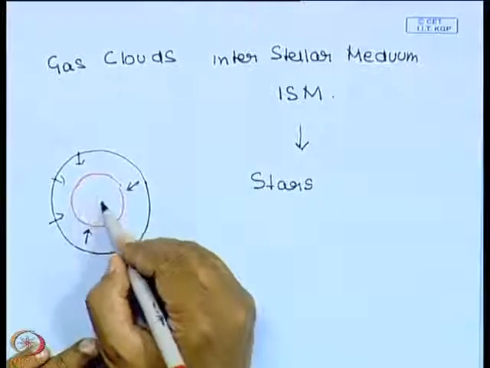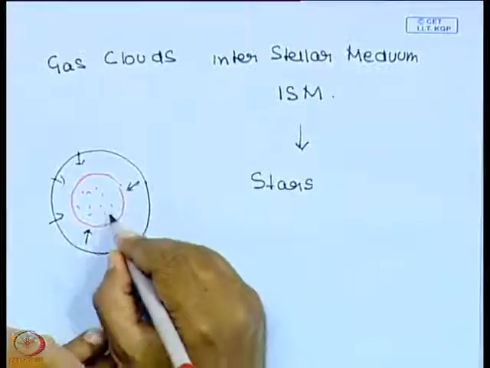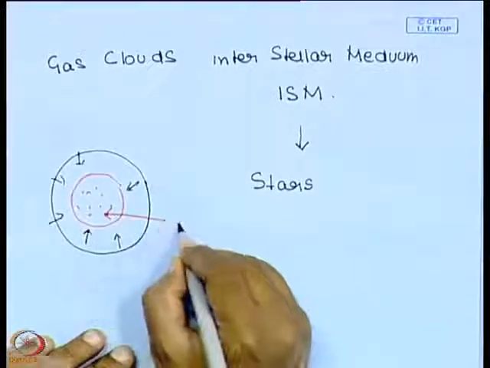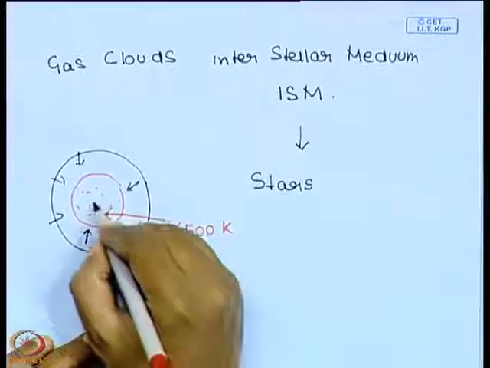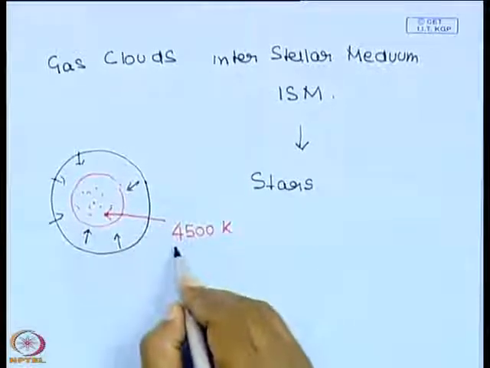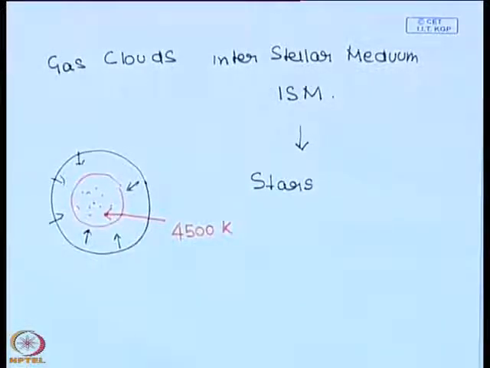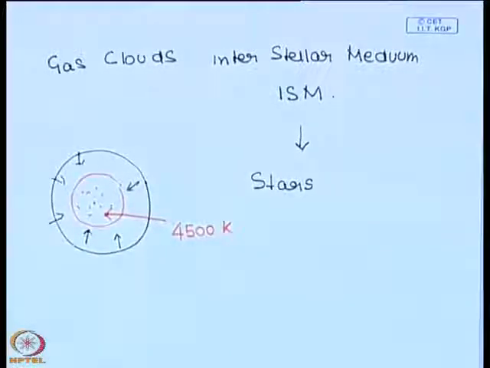So, in the interior, in this part it is around 4500 Kelvin, it may be more inside, but this is the temperature at which hydrogen starts to get ionized. At the surface of this region it is around 4500.